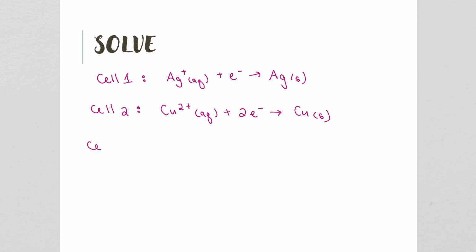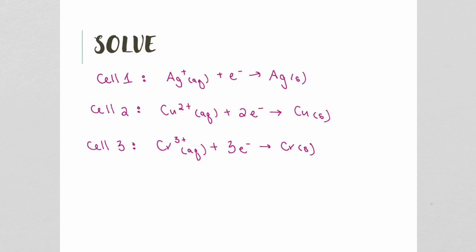Cell number 3, the chromium 3+ needs 3 electrons to become chromium solid.